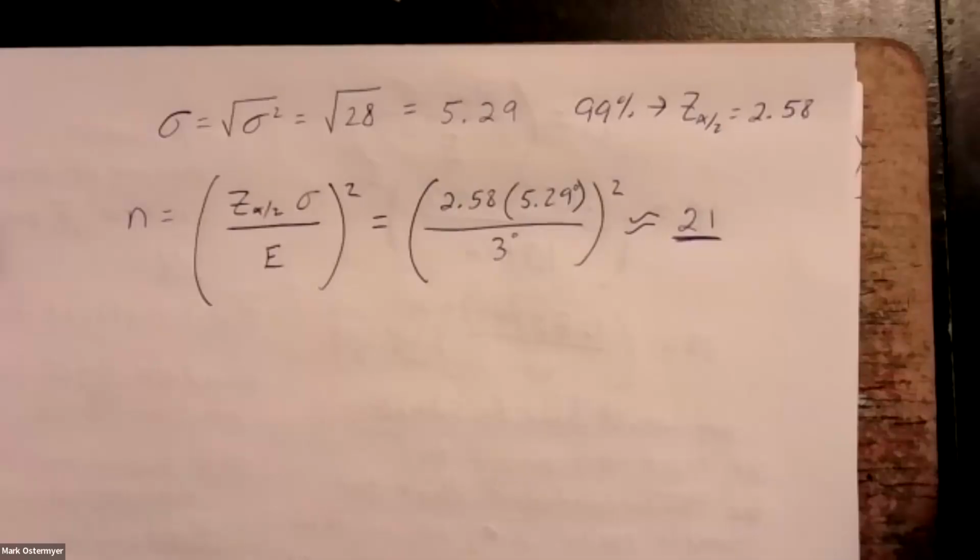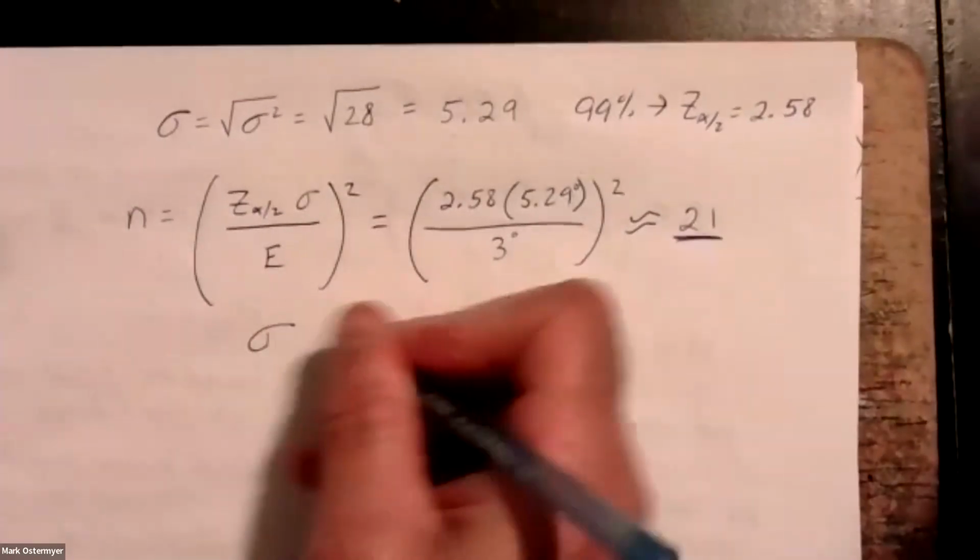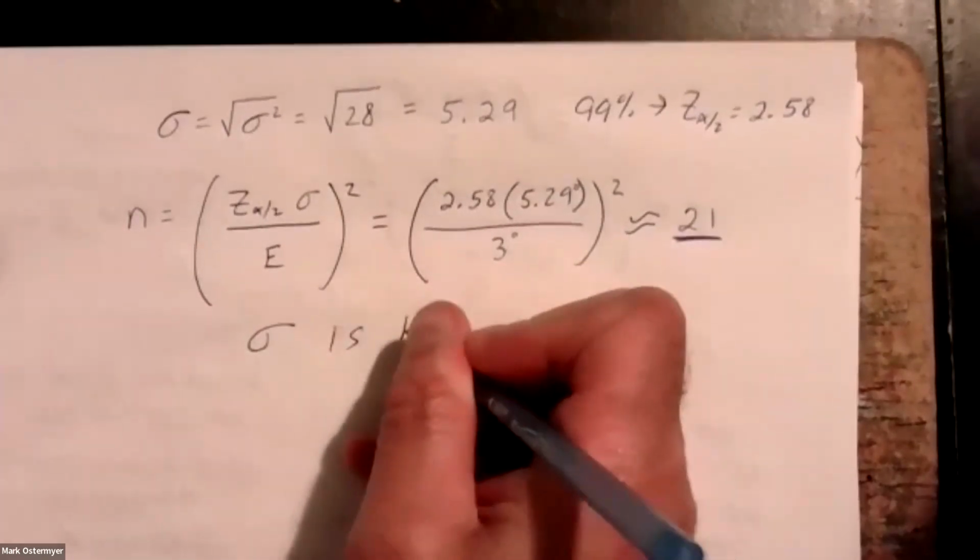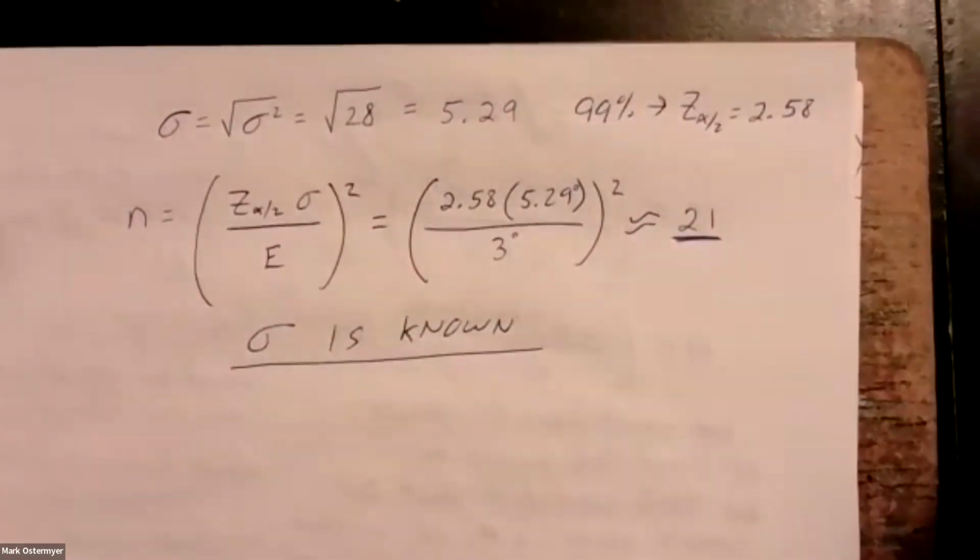Yep. All right, so what we accomplished today is we learned how to build confidence intervals for an unknown population mean where the population standard deviation is known. And shortly in the near future, we'll be looking at how to do such a thing when our population standard deviation is unknown, which is usually the case.